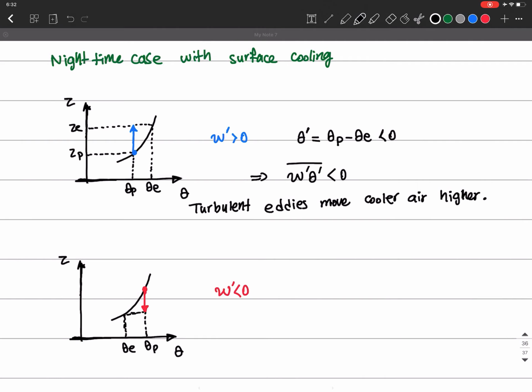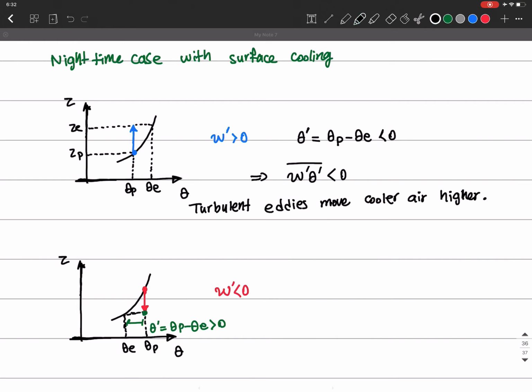So once it comes down, this parcel is warmer than its surrounding. It has this temperature of theta P. So here, this theta prime is going to be theta P minus theta E, which is going to be positive here.